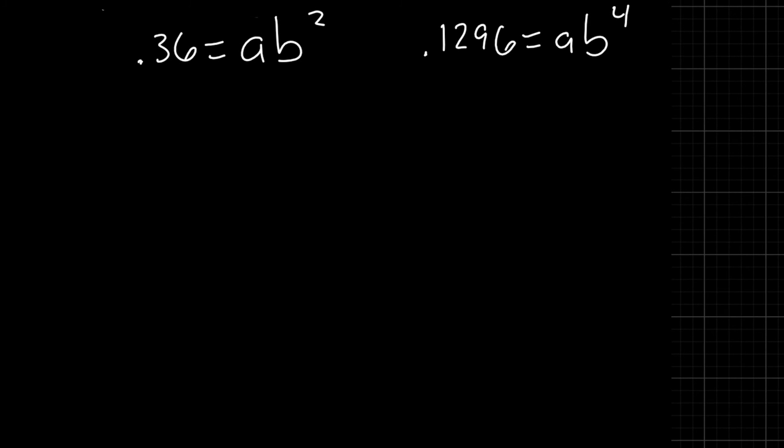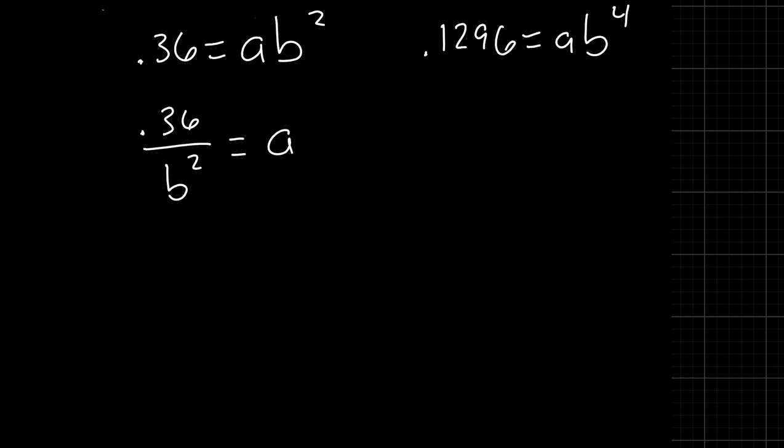And I think my favorite way of thinking about this now is to get a alone in just one of the equations. So if I get a alone in this first equation, I'm going to do that by dividing both sides by b squared. I get the following: 0.36 divided by b to the second power is a.